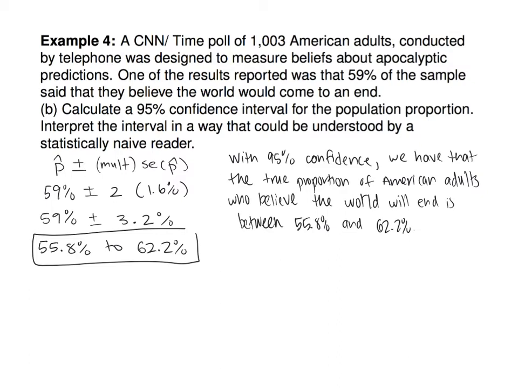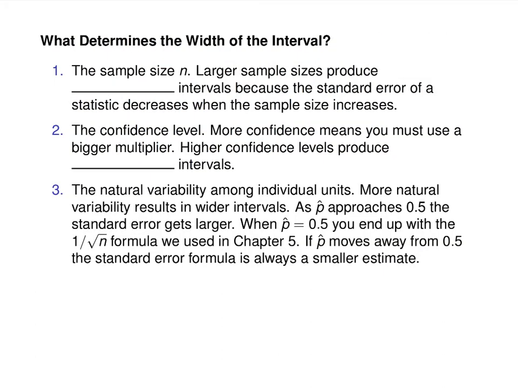Now notice that the width of the interval is affected by a few things. It's affected by this number and by this number. So here's how those things are affected by both sample size and confidence levels. First, the sample size helps determine the width of the confidence interval.